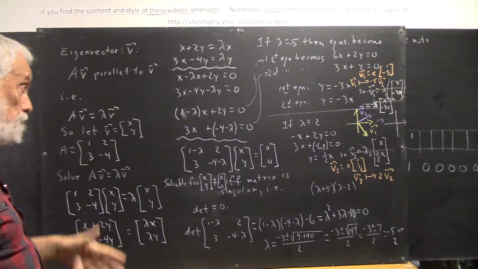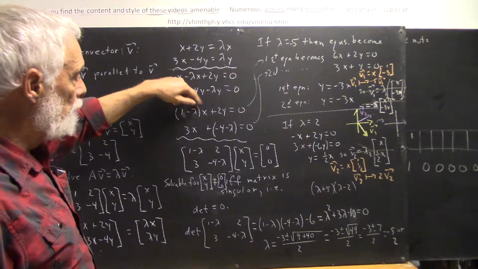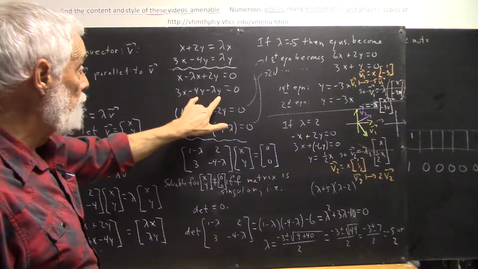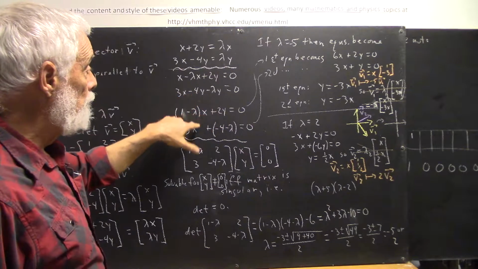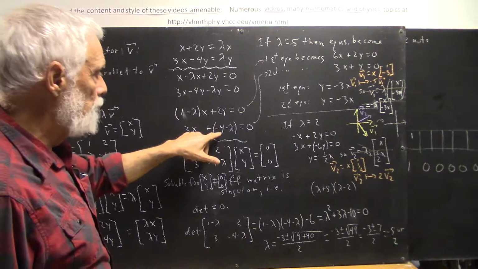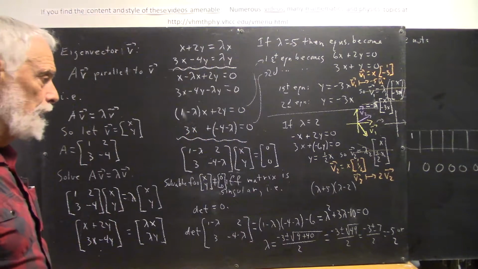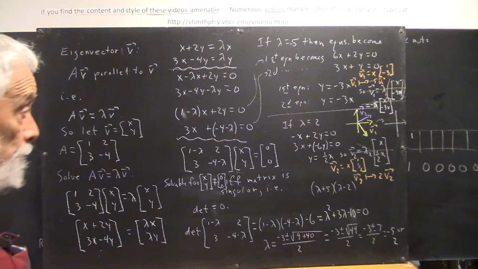If we factor out x, that translates to (1 minus lambda) times x, and here we have (negative 4 minus lambda) times y.